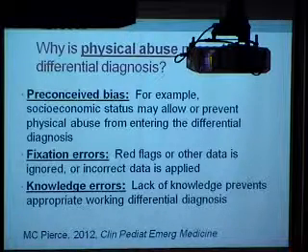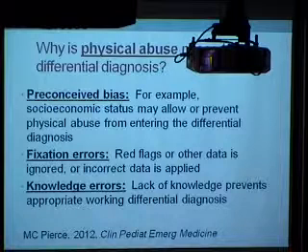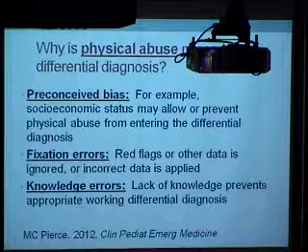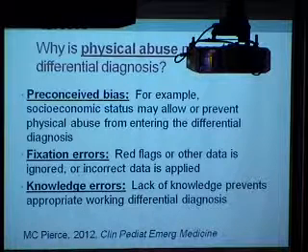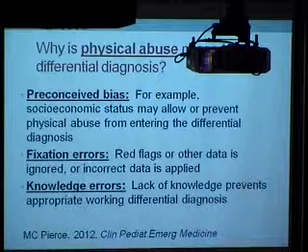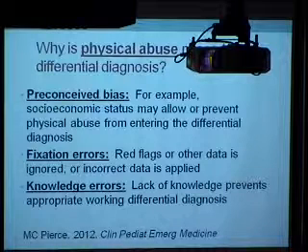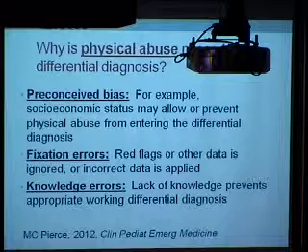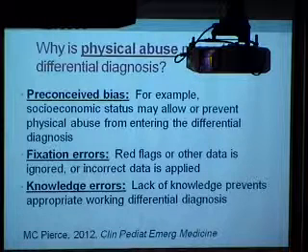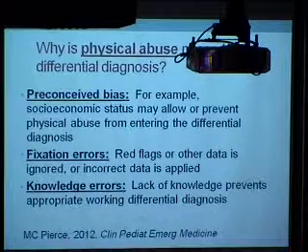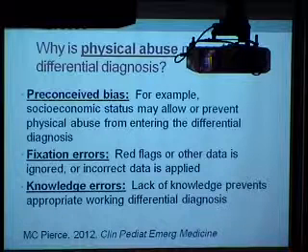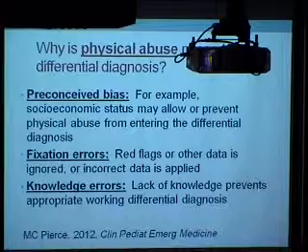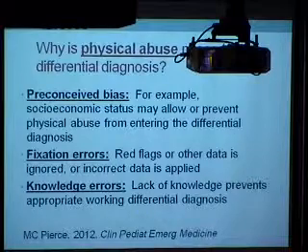For example, the socioeconomic status of a family may allow or prevent physical abuse from entering the differential diagnosis. Fixation errors: there might be red flags or other data which are just ignored, or incorrect data is applied when trying to think through the patient. And knowledge errors. The lack of knowledge prevents an appropriate working diagnosis, or in other words, if you never consider it, you'll never diagnose it. So again, notice I've mentioned differential diagnosis several times.